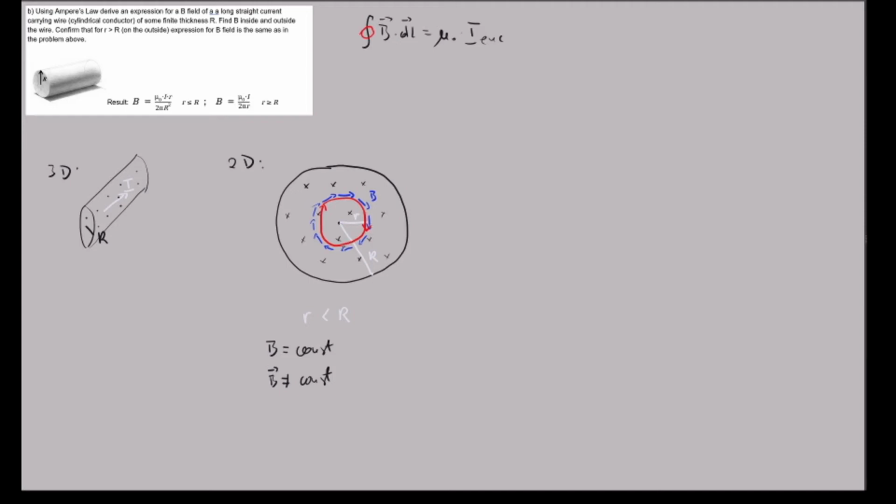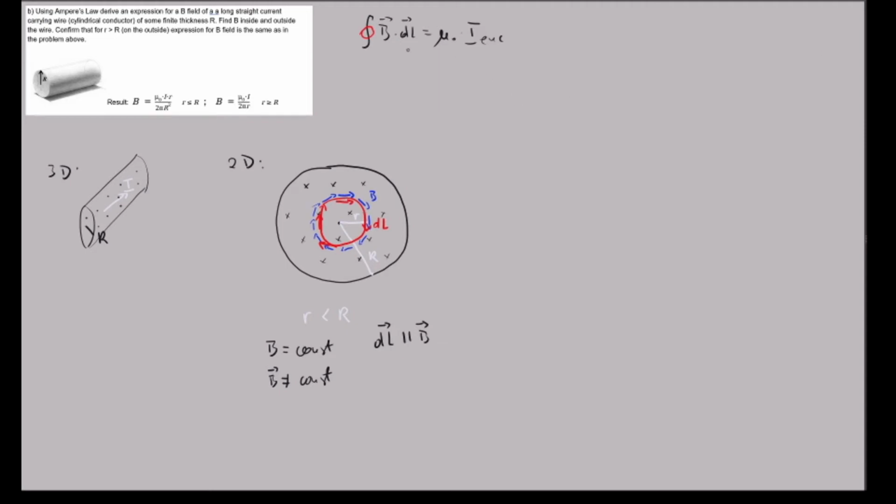Somewhere here I'm going to have element dl that points like this. Somewhere here I will have element dl that points like this, and maybe I'll do one more. There's an element dl that points like this on the top. So I have these dl's here. And from this picture, it should also be clear enough that dl's are parallel to vector B everywhere along this specific path.